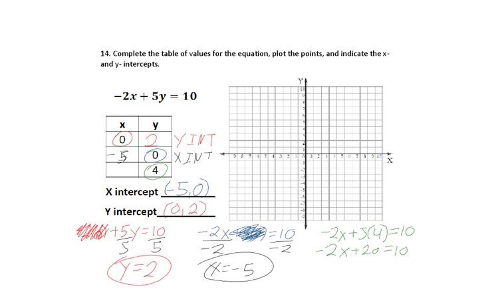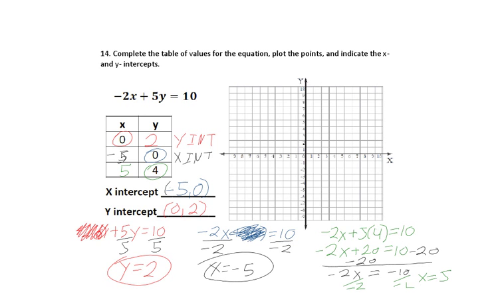So we're going to have to subtract 20 on both sides. So that means negative 2x equals negative 10. And then divide by negative 2. So that means x will equal 5. Barely had enough room to get it in there.